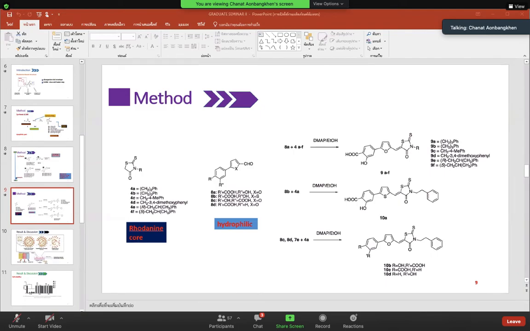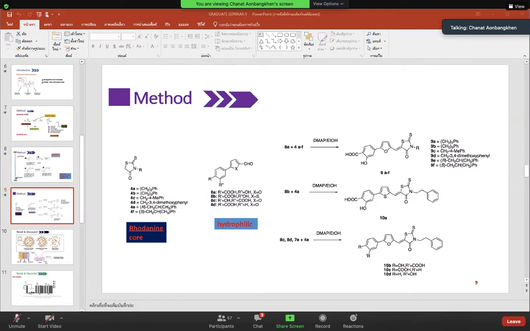Because you already come to the structure, I have a question. Why is it supposed to be rhodamine structure? Can you use something else? Why do you use rhodamine as the base structure?